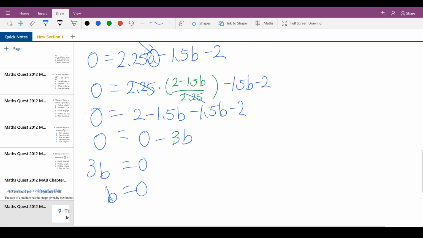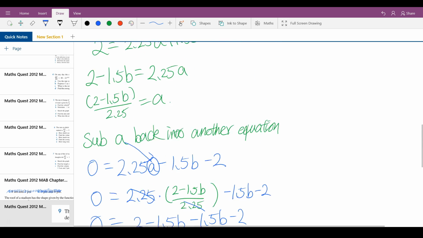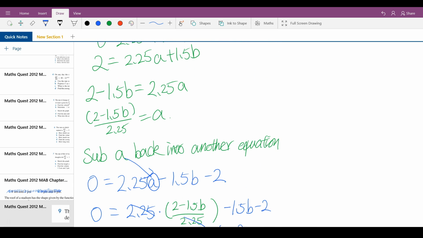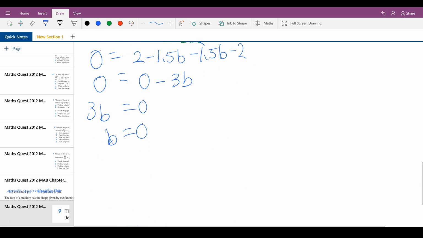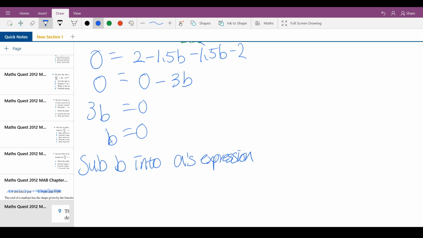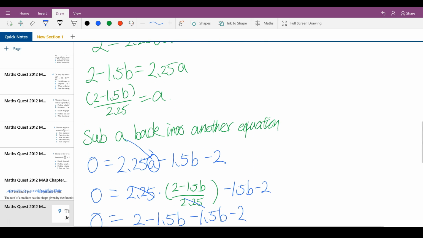And then we just have to sub the value of b back into the function that we got a for. So sub b into a's expression. So remember our a's expression is this, right?